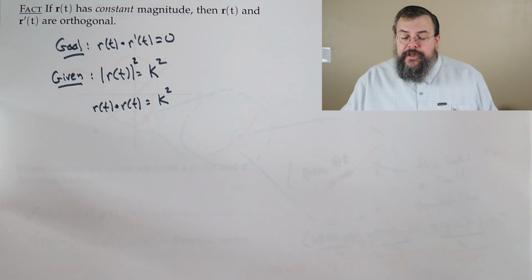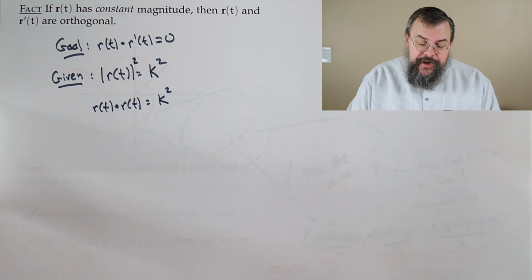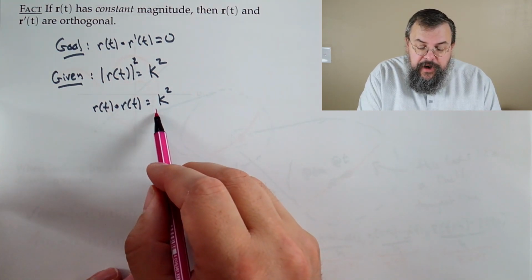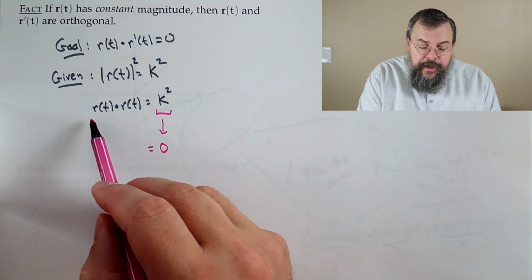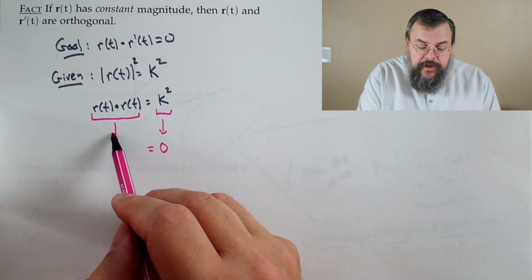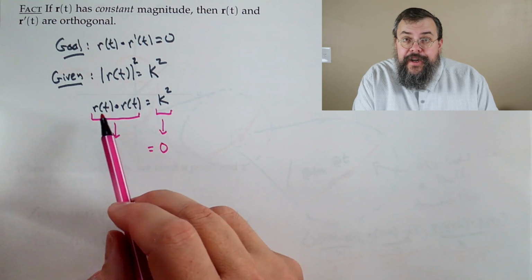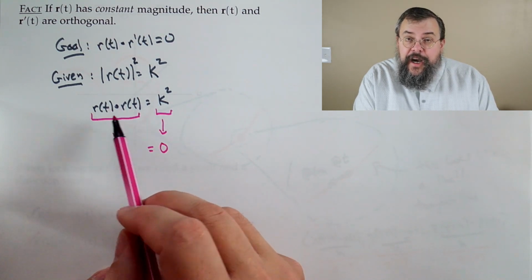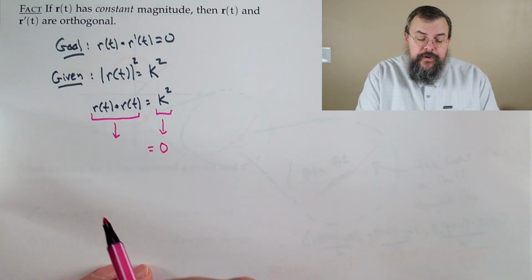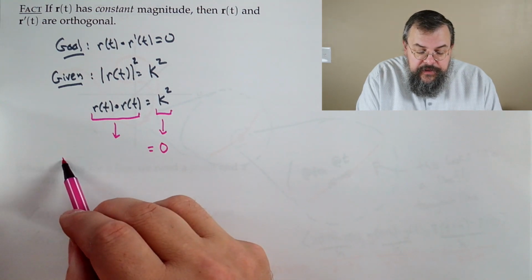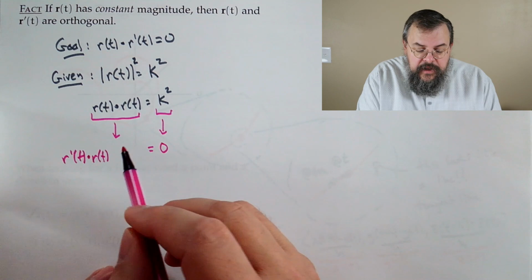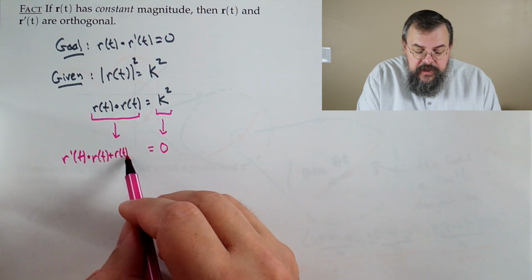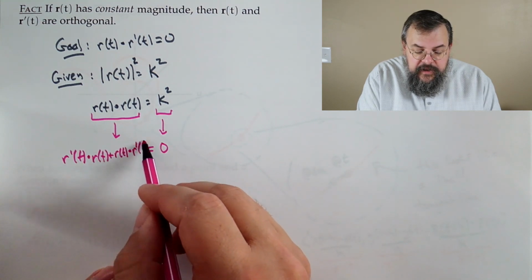One side is easy to take a derivative of, namely the derivative of k squared, which is 0. How about this side? It's a product rule, because we have a dot product. Derivative of the first dot the second, plus the first dot the derivative of the second.